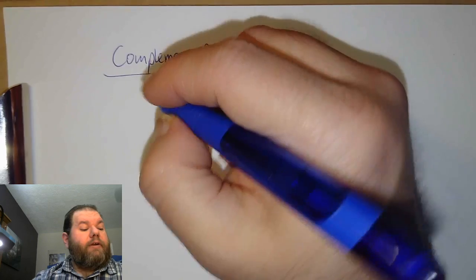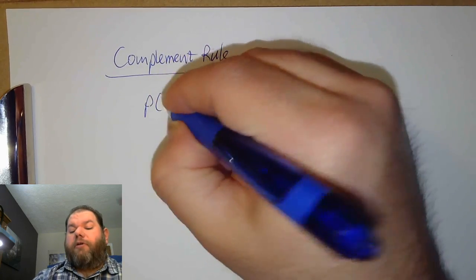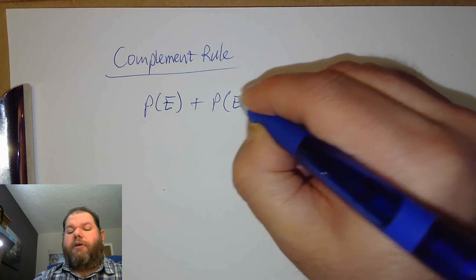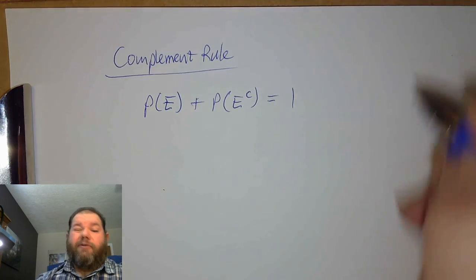And this says that the probability of an event E plus the probability of its complement is always equal to 1.